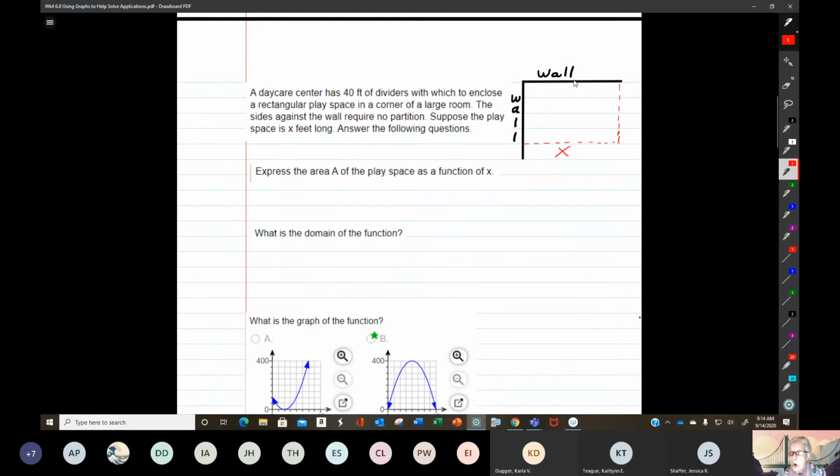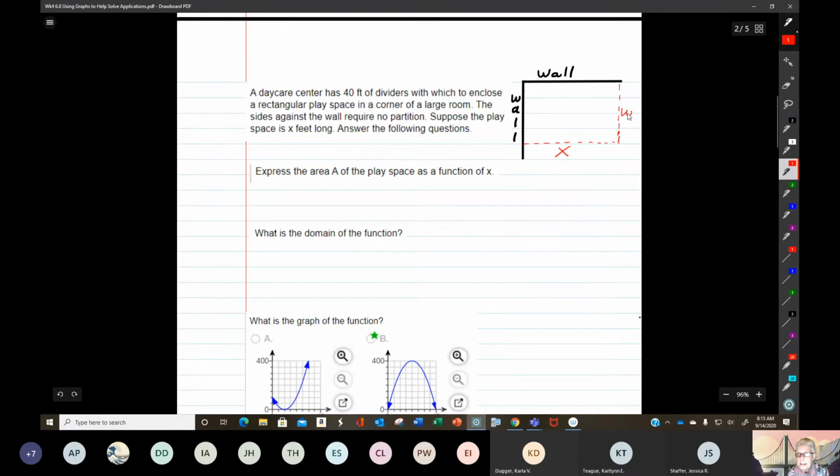Now notice that the wall makes up part of the perimeter of the play space. The wall is not subject to being moved by us. Probably the wall is brick or concrete or wood or whatever they made the daycare center out of. So that means this side plus this side, call this the width.